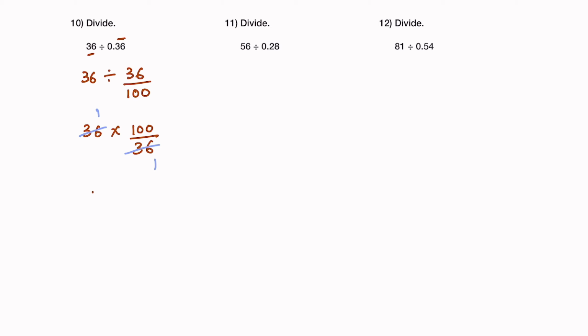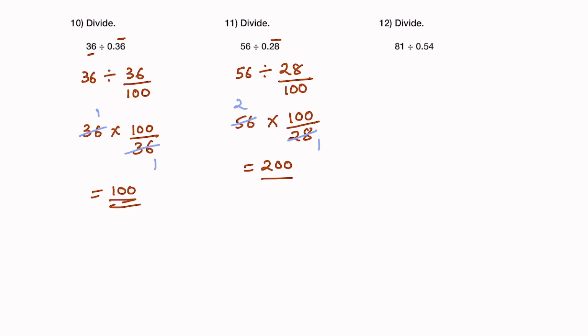What are we left with? Only 100, and that's the answer. The next one, we write 56 divided by 28 upon two decimal places. So it's 100. Division becomes multiplication, inverse the fraction, and we write it here. And 28 times 1, 28 times 2, right? So that's 2 times 100, which is 200.